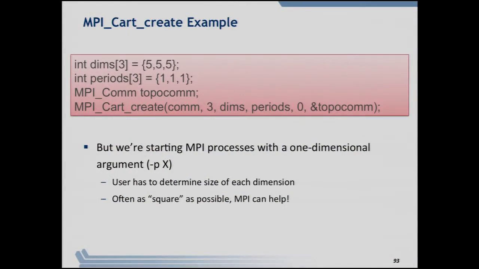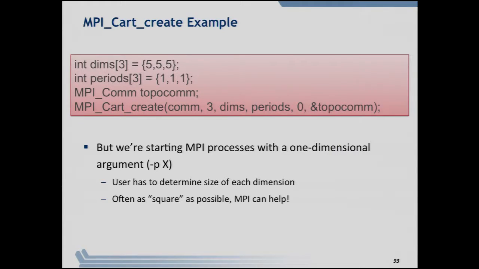So let's look at an example. Suppose you're running a job on 125 processes arranged as a 3D mesh logically, because you have a 3D domain regular grid that you want to divide in all 3 dimensions. So you have 125 processes arranged as a 5 by 5 by 5 logical grid.